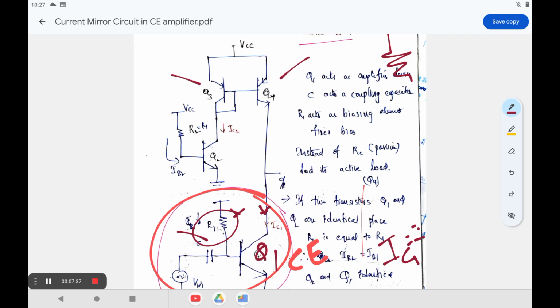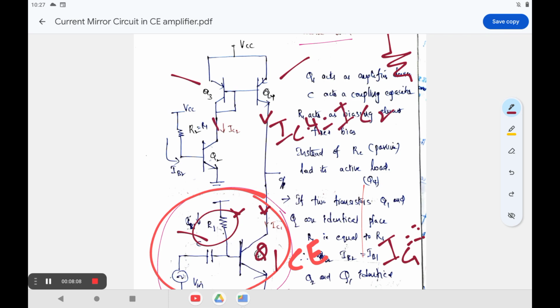As per the current mirror circuit, this is actually a PNP transistor. This current mirror circuit can be generated with the help of a PNP transistor. So Q3 and Q4 maintain identical characteristics. Therefore, the current passing through this terminal, IC4, is equal to IC2.